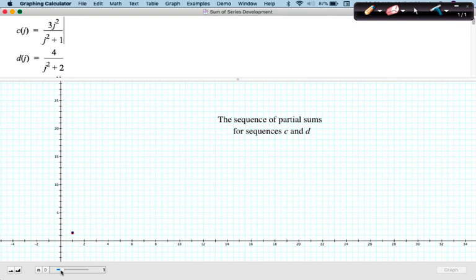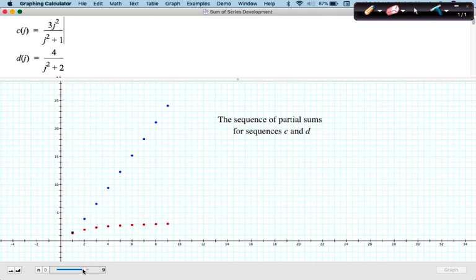So there's the ith partial sums. There's a blue and a red dot. And remember, one sequence approached 3, and the other sequence approached 0. The y values of these points are the partial sums, adding up the first I number of terms.